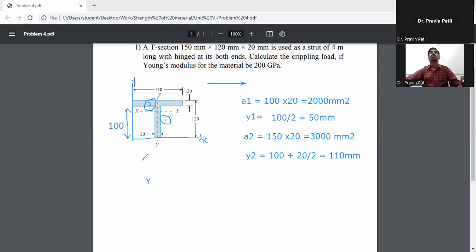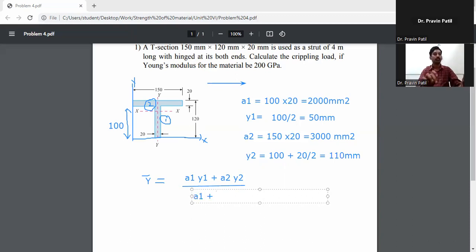Then calculate Y bar, that is the center of gravity. Y bar is equal to A1 into Y1 plus A2 into Y2, divided by A1 plus A2.